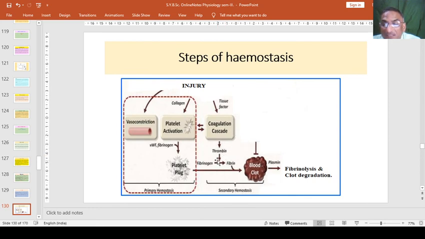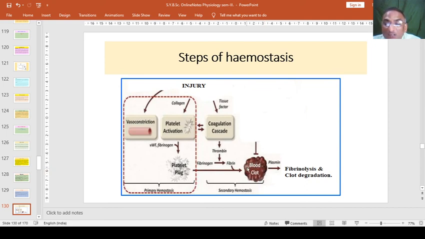Then it involves a reaction where fibrinogen is converted into fibrin, because the platelet plug facilitates this conversion. Once the fibrin thread is formed, that fibrin helps to regulate and prevent the flow of blood, and the blood clot is formed.